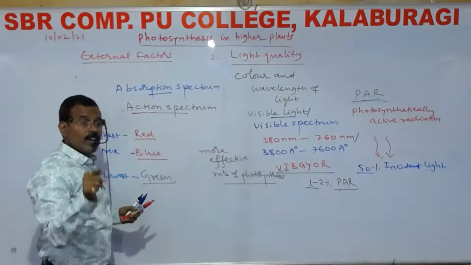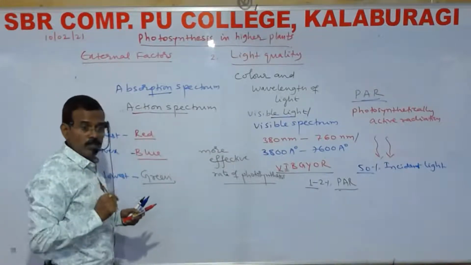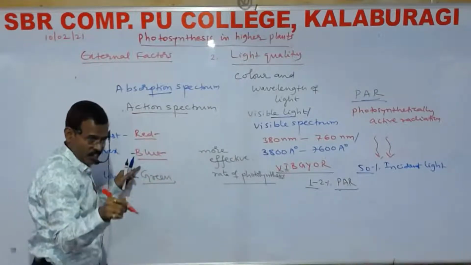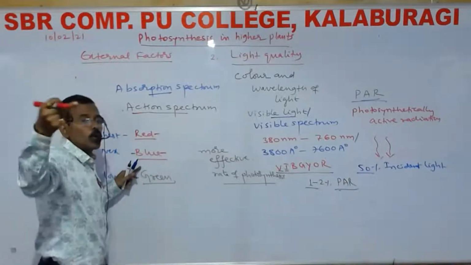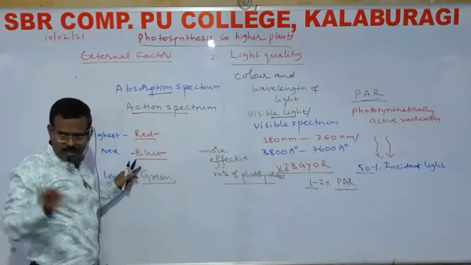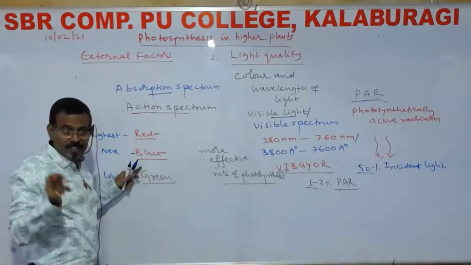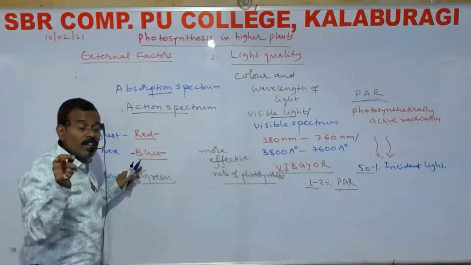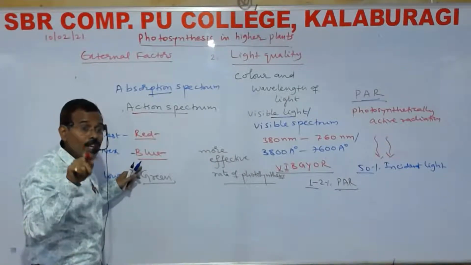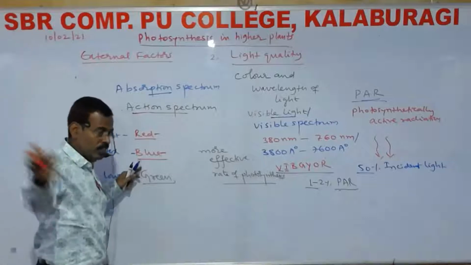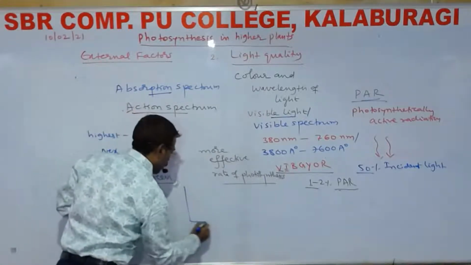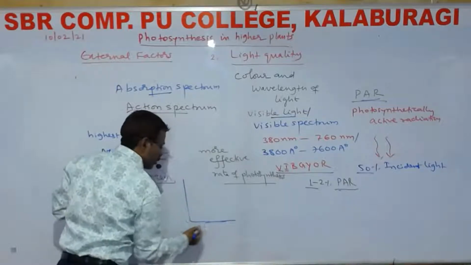The graphic representation of the effect of different wavelengths of light on the rate of photosynthesis. We have already written it at that time. The graphic representation of the effect of different wavelengths of light on the rate of photosynthesis is known as action spectrum.